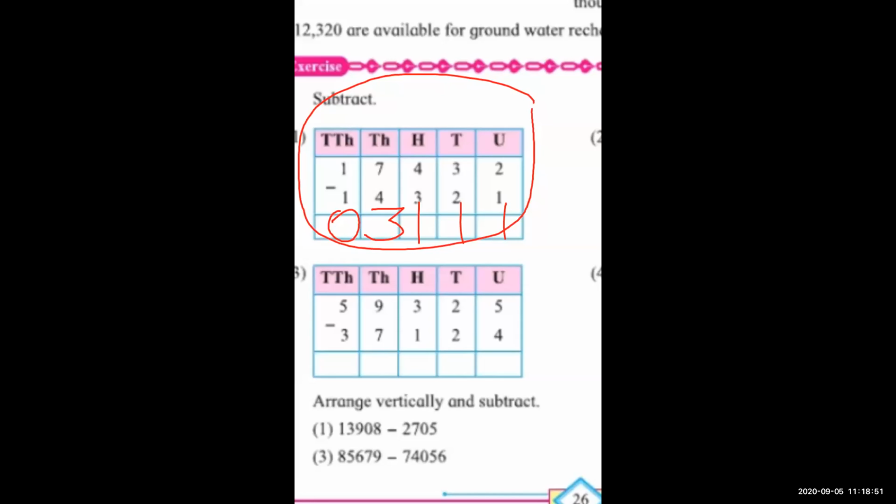Okay, good. Now go to the next column which I put in green color. See, I'm going to put a green circle.